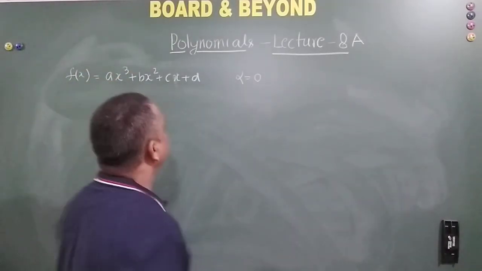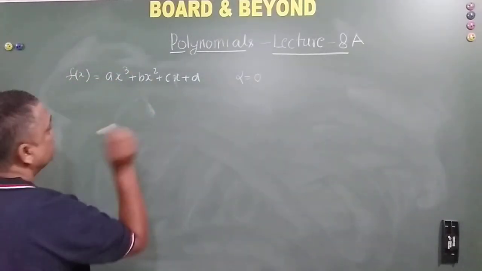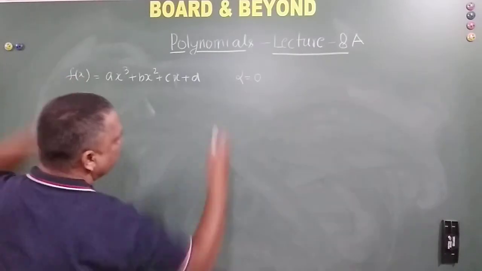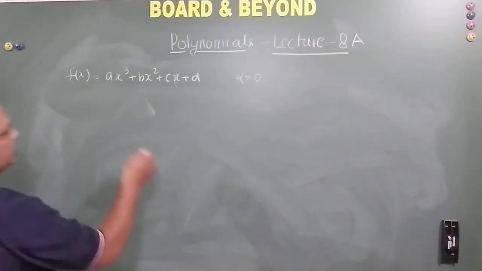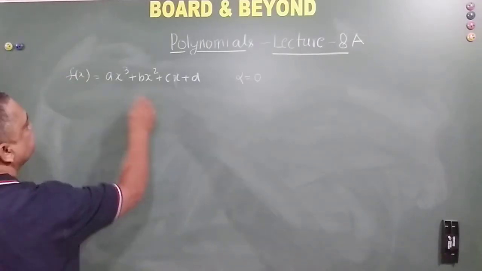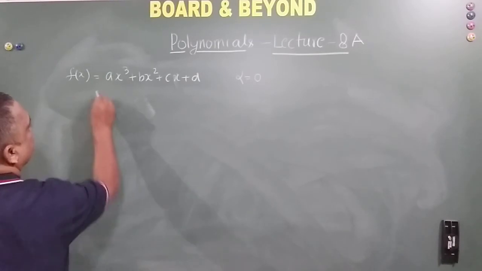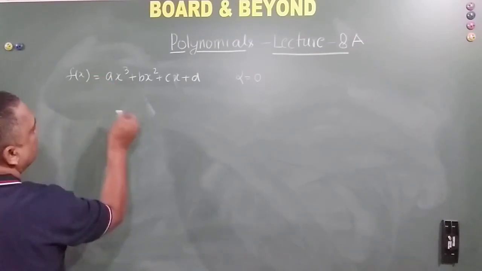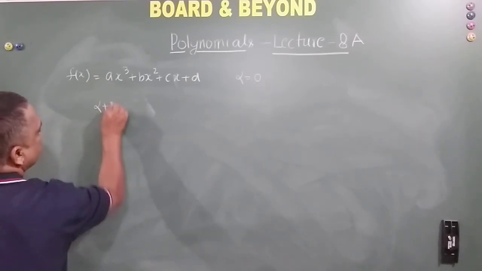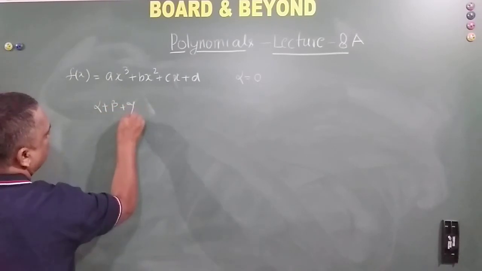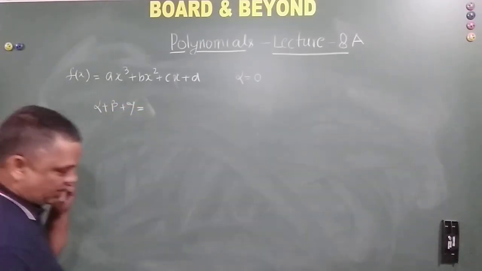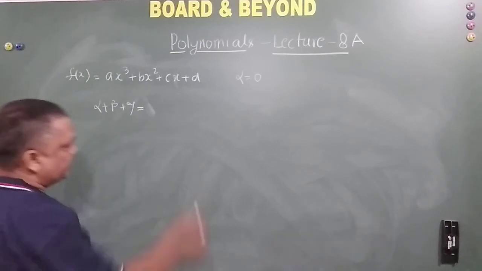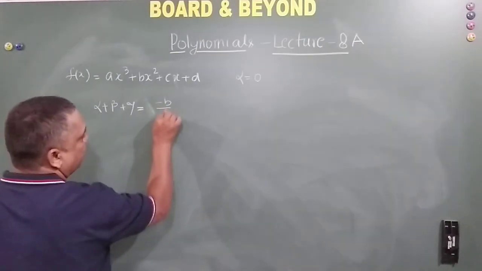Now, we know what are the three relations between coefficients and the roots. So alpha plus beta plus gamma, for a cubic polynomial, how much is it, my friends? Minus b by a.